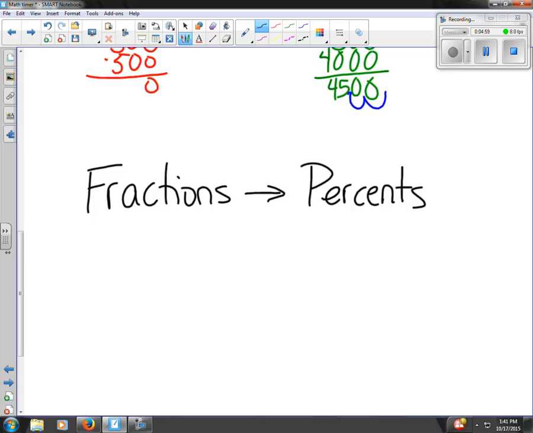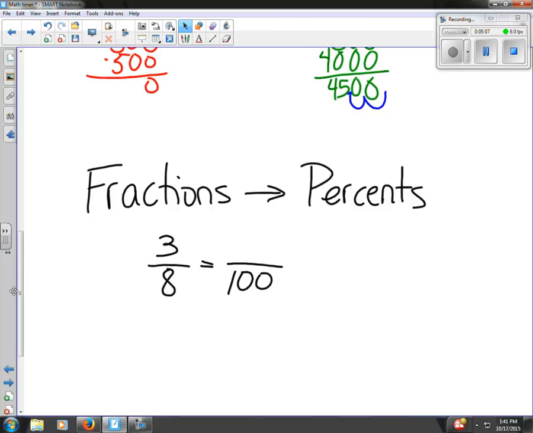Again, you take the fraction, let's say 3 over 8, and you need the denominator to be 100, sorry, for it to be a percent. And to do that, you need to figure out what number do I multiply by to get 100? Or, since that would take a lot of trial and error, 8 times this, and then 8 times this, and then 8 times this, okay?